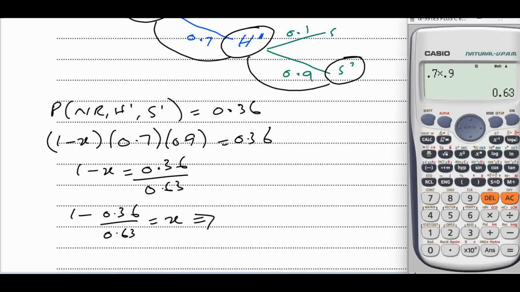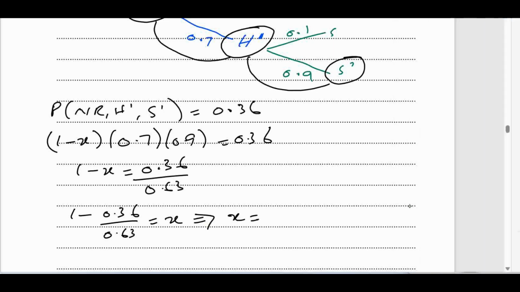So 1 minus 0.36 divided by 0.63 will be equal to 3 by 7.